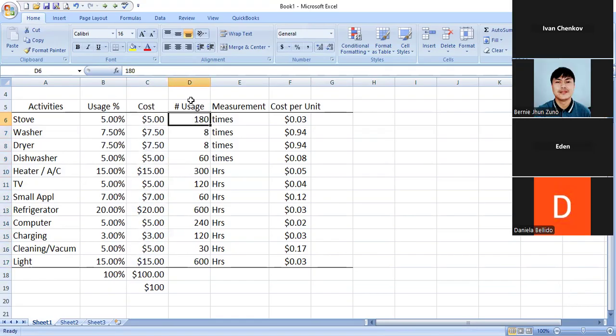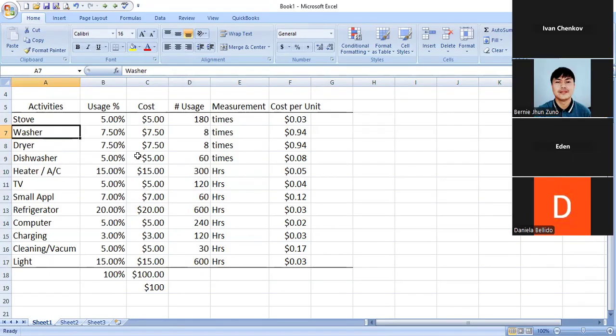Then we find out the actual usage of that activity, either using a transaction driver or a duration driver. The next thing is to come up with the cost per single activity. That's the whole objective. Once we have the cost per single activity, now I can do something about it. I can increase my cost or reduce my cost. I can find which activity I want to eliminate and which I don't. Make sense?